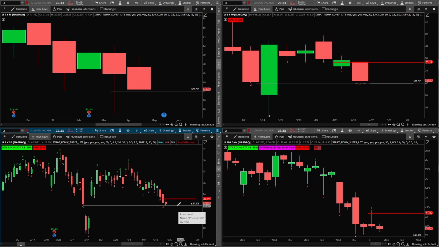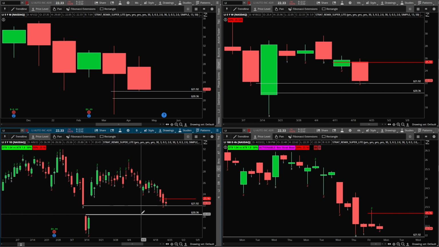Maybe actually, because it's a psychological level, probably an entry underneath 22. Then play the gap fill to $20.36. That'd be what I'd be looking at there. So let me do this here.